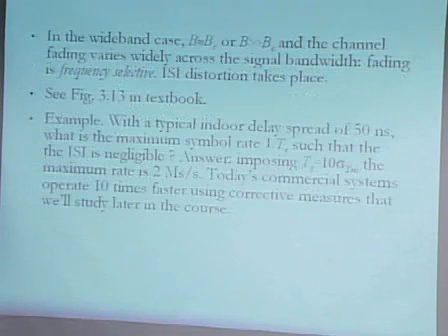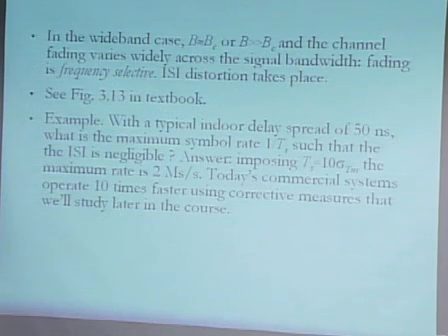So let's go through an example. Let's say we have an indoor delay spread of 50 nanoseconds, which is a typical value for a room like this, for example. What is the maximum symbol rate that we can use such that the intersymbol interference is negligible?